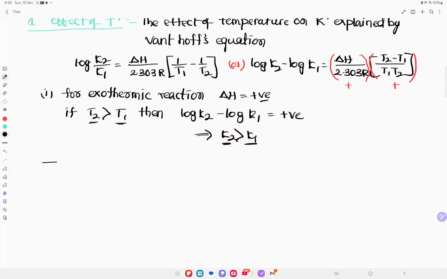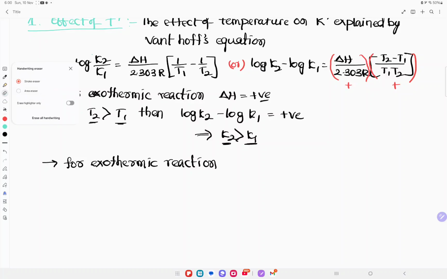It means for exothermic reaction, sorry, this is a small correction, for endothermic reaction, delta H is positive.